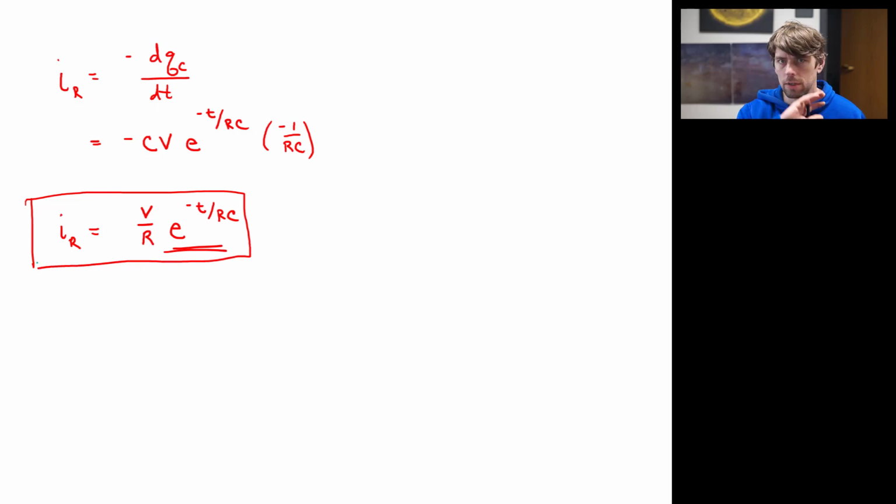What I tend to do is I think about the behavior of the capacitor at short time intervals and at long time intervals to remember which equation goes where. That will tell me if I have something like a 1 minus e to the negative t over RC, or if it's just e to the negative t over RC.